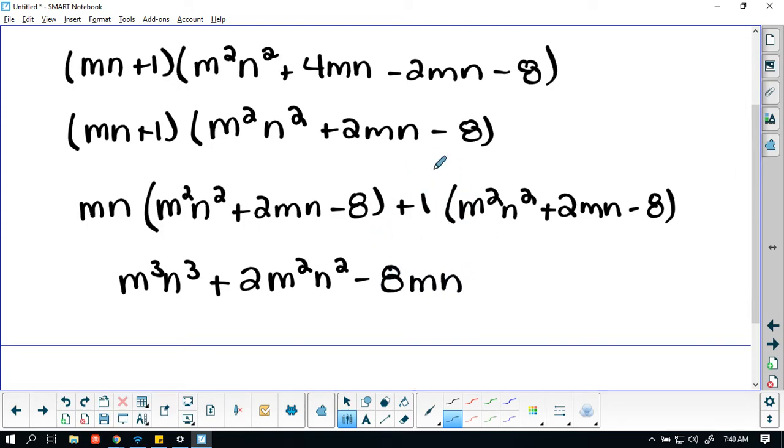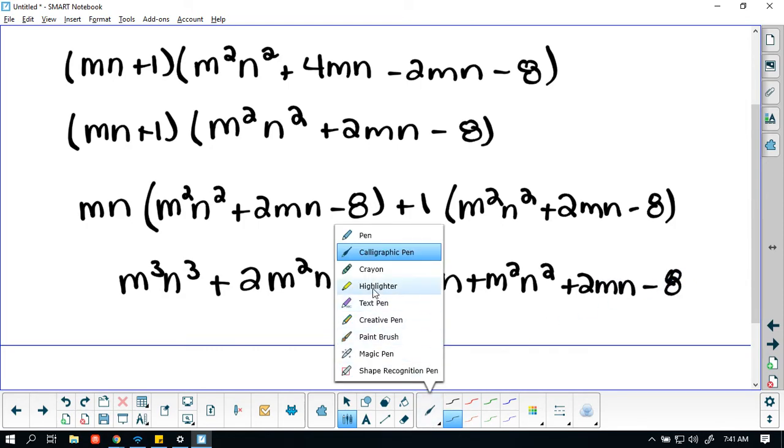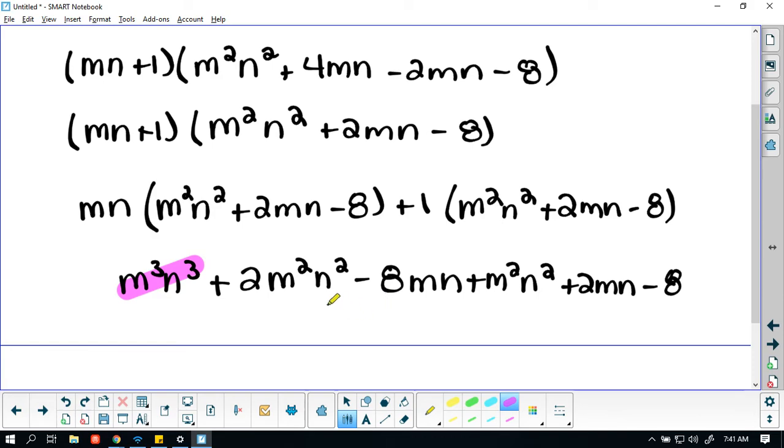And then this is the whole reason why I chose to do the positive 1 for my distributive property component of this, because positive 1 times anything is itself. So I'm just going to add m squared n squared plus 2mn minus 8. Combining like terms, we have that n squared, that's the other one we have.